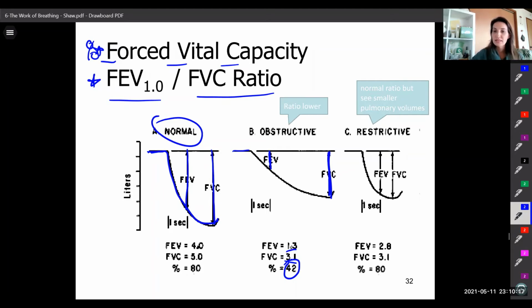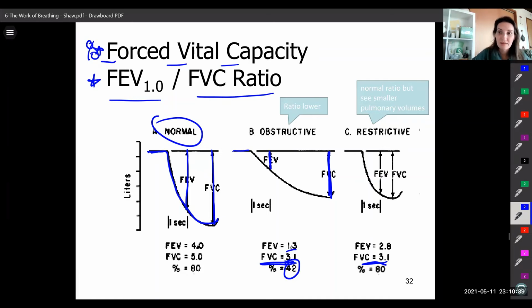And so what we should see is that the amount of air that they exhale reflects the amount of air that they took in, and it will be less. Their FVC is low as well. So you see their FVC is low, like it is for the obstructive disorder. Less in, less out is what we're seeing here.